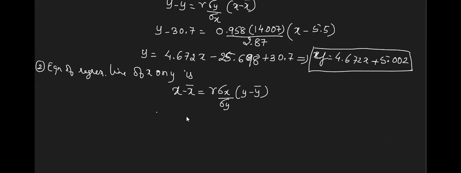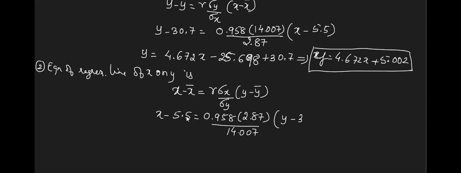Substitute. X minus x bar, which is 5.5, is equal to r, where r is 0.958, sigma x is 2.87 upon 14.007, into y minus y bar, which is 30.7. Again, same procedure. So x will be, do this calculation.